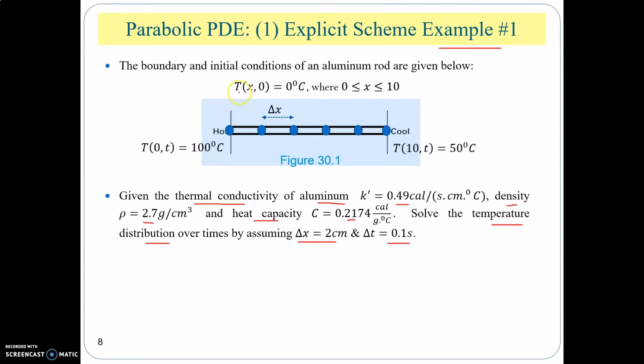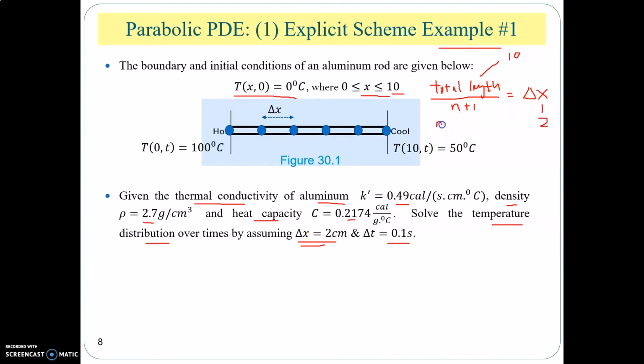The initial condition is given by this, where you can see the length of the rod is x from 0 to 10. So that means the total length is 10. Since the total length divided by n plus 1 equals delta x, where n is the total number of points of the rod, you can find the n here. So let's substitute the total length to be 10, delta x to be 2.